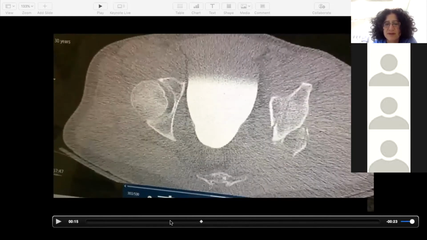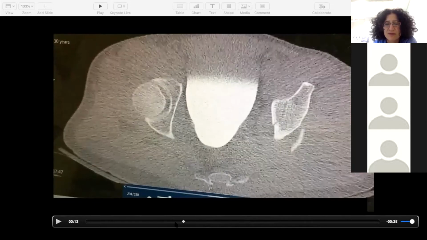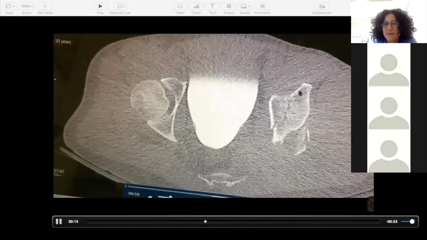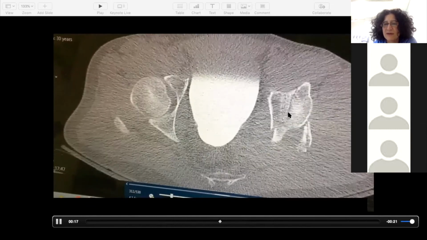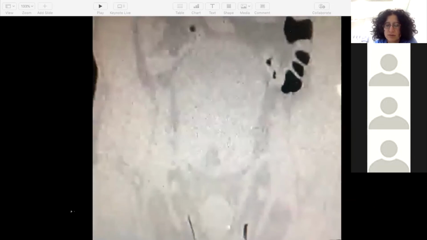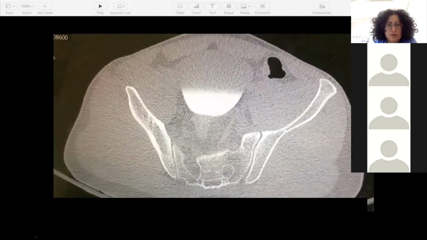Okay, so let's talk about root of Ramus. This is the ileum, this is constant fragment. As we come down, we see posterior wall, anterior inferior iliac spine.